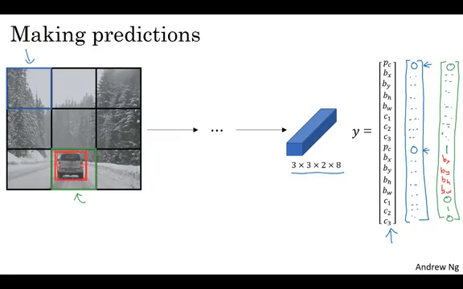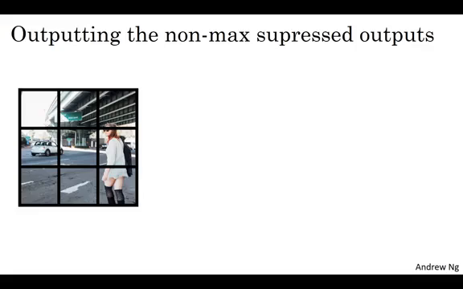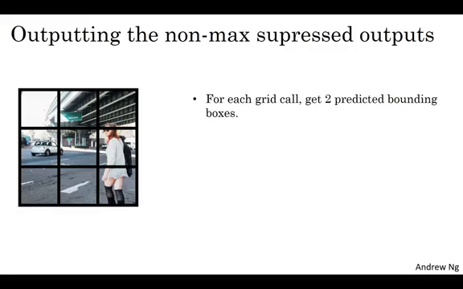Finally, you would run this through non-max suppression. So just to make it interesting, let's look at a new test set image. Here's how you would run non-max suppression. If you're using 2 anchor boxes, then for each of the 9 grid cells, you get 2 predicted bounding boxes. Some of them will have very low probability, very low PC, but you still get 2 predicted bounding boxes for each of the 9 grid cells.